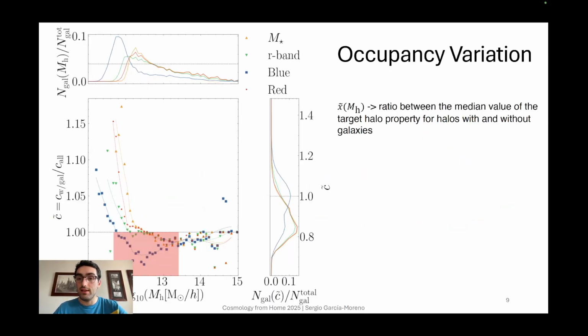Then, to model occupancy variation, we will use the ratio between the median value of the target halo property for halos with and without galaxies. Here I'm going to highlight the blue galaxy sample, where galaxies prefer to populate halos with lower values of the concentration.